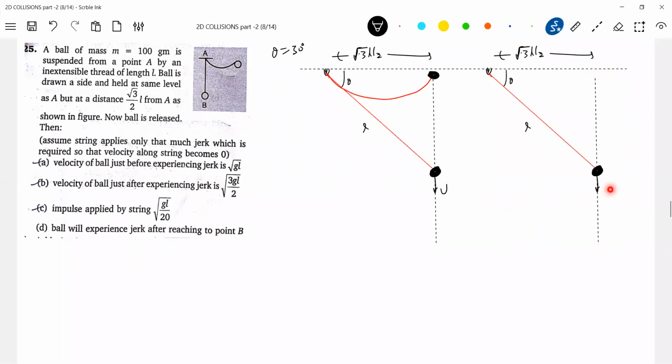So this is just before the jerk. I'll resolve the velocity of the bob perpendicular to the string and parallel to the string: this is u perpendicular and this is u parallel. Now when the jerk is produced, an impulse is set up.